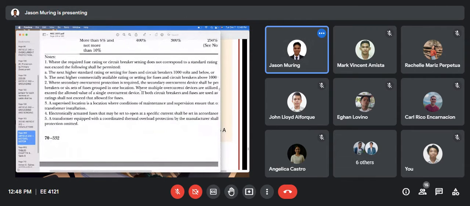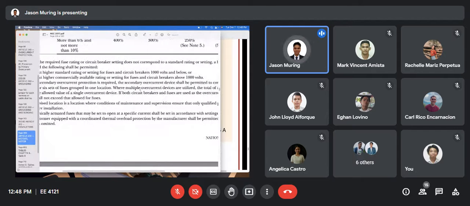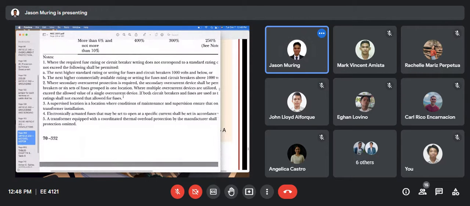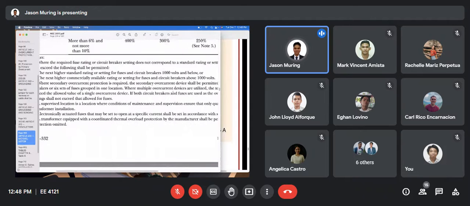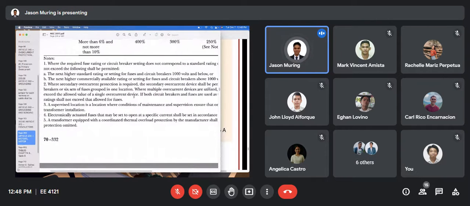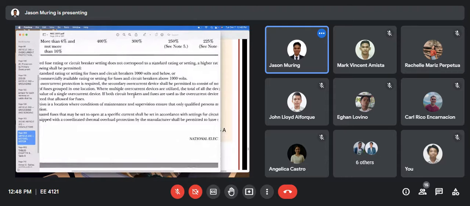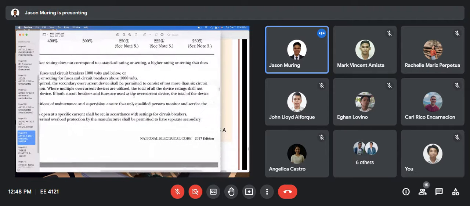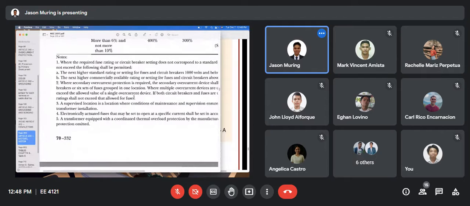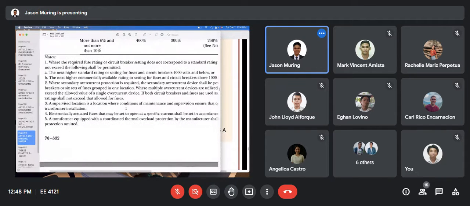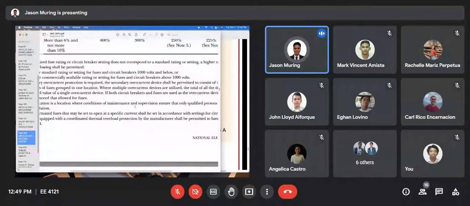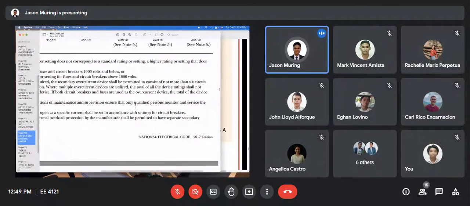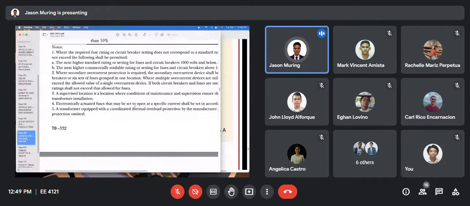Shall not exceed. Where multiple overcurrent devices are utilized, the total of all device ratings shall not exceed the allowed value. A supervised location is a location where conditions of maintenance and supervision ensure that only qualified persons monitor and service the transformer installation.